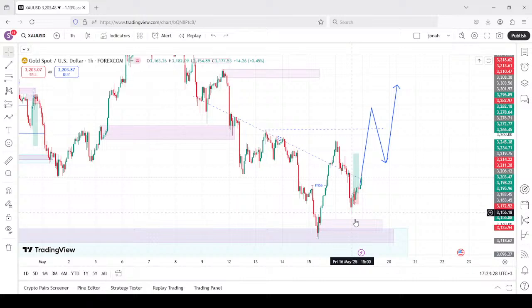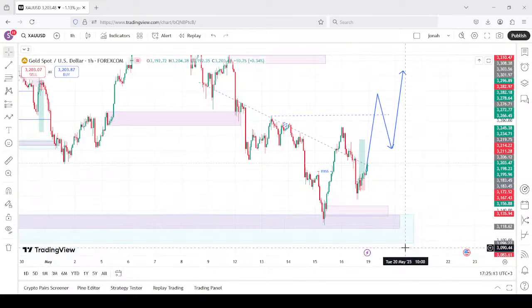But then if price breaks below, that will mean a change of bias from bullish to bearish if price breaks below this zone that we have here. So if price breaks below this zone, we shall have changed our bias, but literally I'm expecting buys on gold.